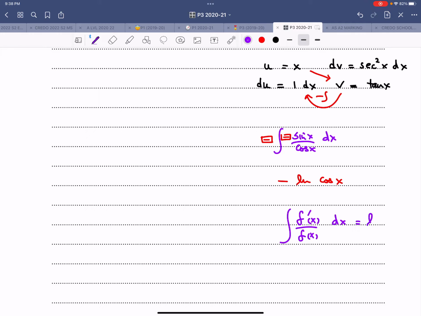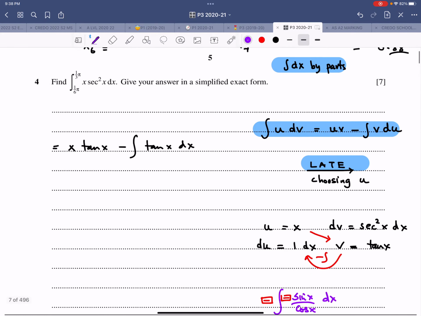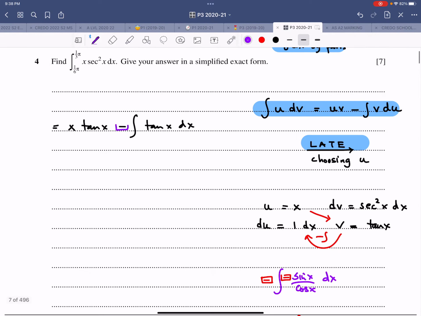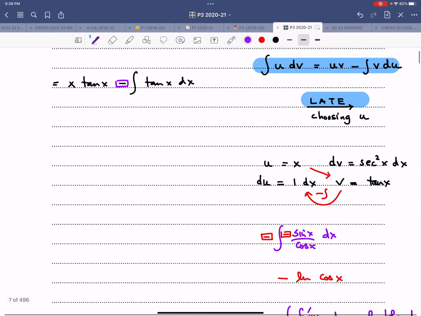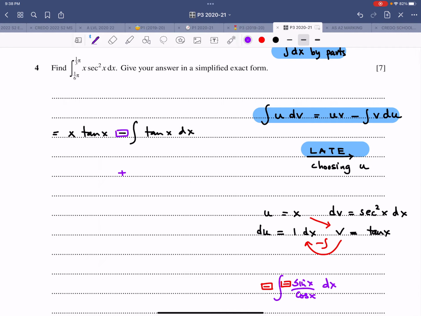Therefore the integral is ln of f(x) plus c. So this minus sign is already there, and then there is minus ln of cosine x, that becomes plus ln of cosine x, and this is still x tangent x, and the limits are pi by 6 and pi by 3.